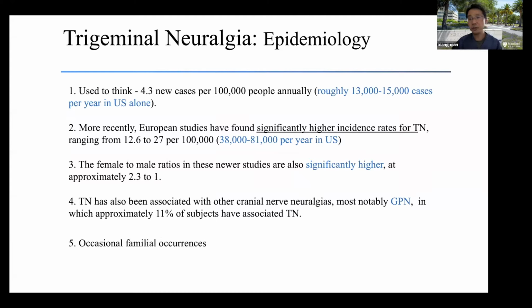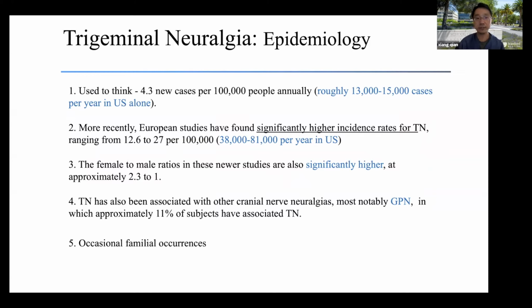So how often do you see trigeminal neuralgia? We used to think there were roughly 13 to 50,000 new cases a year in America. However, recent studies are showing that the incidence is significantly higher, based on some of the epidemiology studies in European countries. We now think that there are about 40 to 80,000 new cases a year.